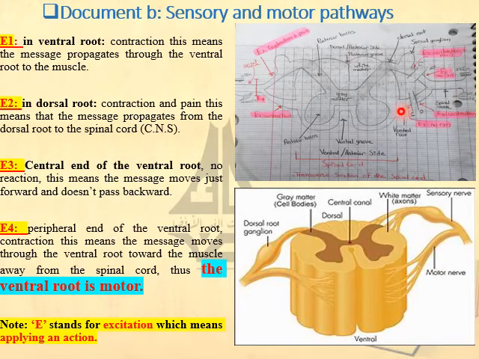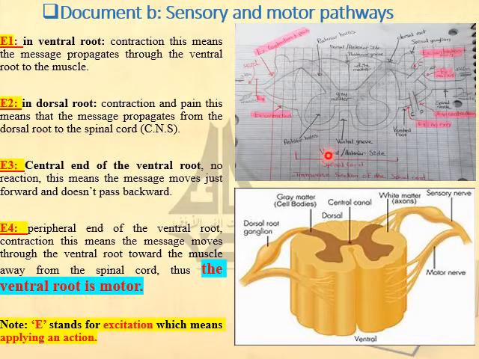Once Magendie found two sides, he performed two excitations. The side that is toward the spinal cord, toward inside, is called the central end. And the peripheral end is toward the outside, the muscles. Please be careful.